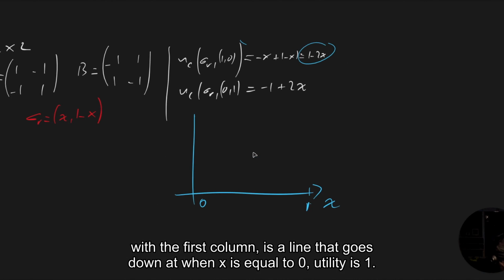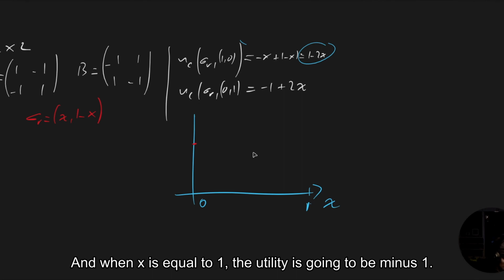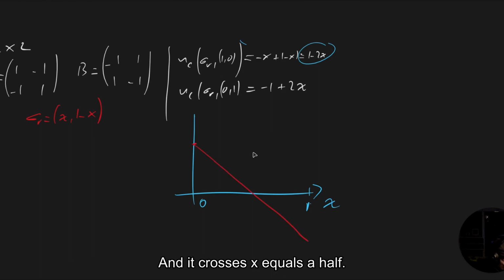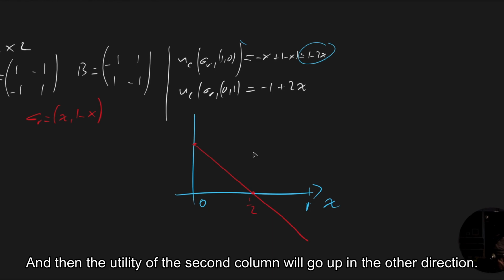When x is equal to 0, the utility is 1, and when x is equal to 1, the utility is minus 1. And it crosses at x equals a half. And then the utility of the second column will go up in the other direction.